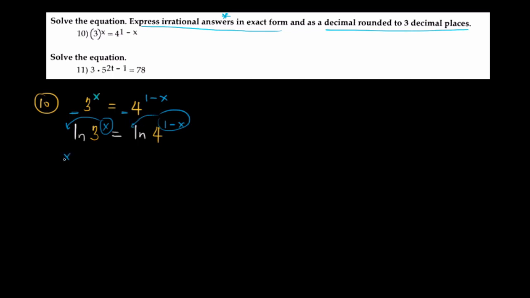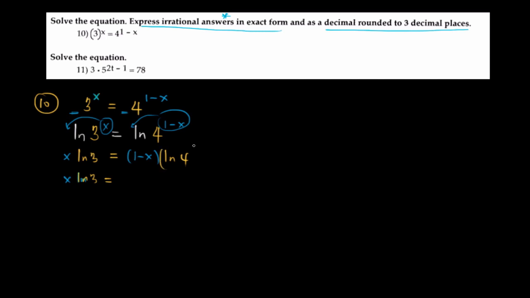So this becomes x ln of 3 equals (1 minus x) ln of 4. Now we can continue by solving. So what we have here is x ln of 3 equals, now this is (1 minus x) times ln of 4. It's as if you're expanding something.